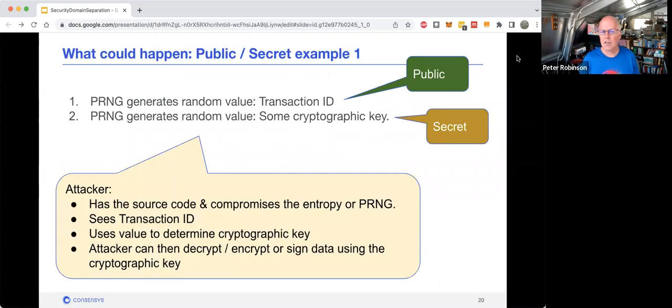If the attacker has access to the source code and can compromise that PRNG, so it's not a strong PRNG anymore, which could be just by compromising the entropy, then they'll see that transaction ID, and then they'll use that value to infer what the cryptographic key could be. They can then decrypt data that's been encrypted with the key to verify they've got the right key, and then they can start encrypting data, or maybe signing data using the key.